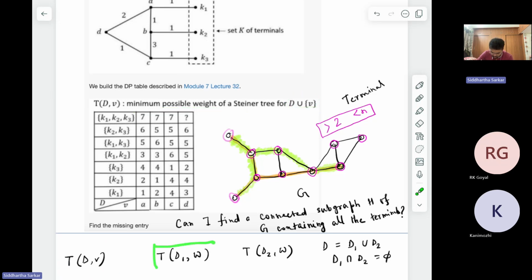This one is saying: what is the minimum possible weight of a Steiner tree that ensures that D1 and W are connected. This is saying: what is the minimum weight of a Steiner tree that ensures that D2 and W are connected. If you take the union of these two trees, because of the presence of a common vertex, they together will ensure that D1 and D2 get connected.